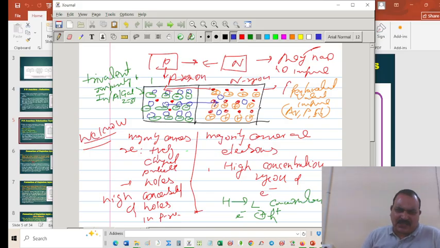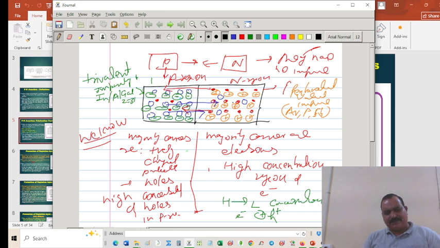They start to cross the junction due to variation in the concentration of the charge carriers. This process starts instantaneously when you fabricate the junction.